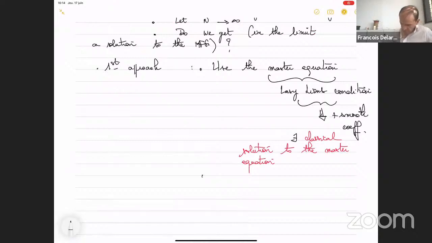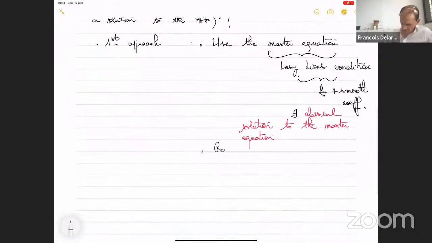And the very good part of this approach is that at the end of the day, you get convergence. And even more, you can push further. You can get some central limit theorems, some large deviation principles for the empirical measure of the system. So this is really robust, but it is demanding in terms of assumptions, because once again, you need this classical solution to exist.